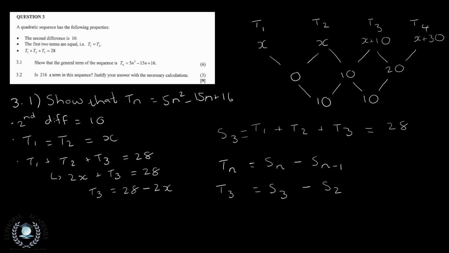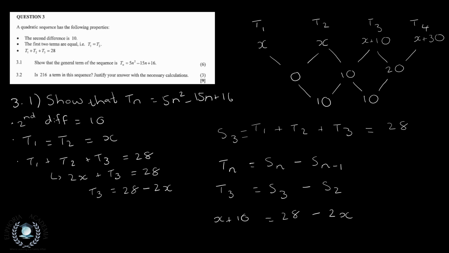All right, so our T3 from our diagram, we can see that that is x plus 10, and then the sum of the first three terms we're given that that is 28 minus our S2, and our S2 is the sum of our first two terms, and that is x plus x, which is 2x.